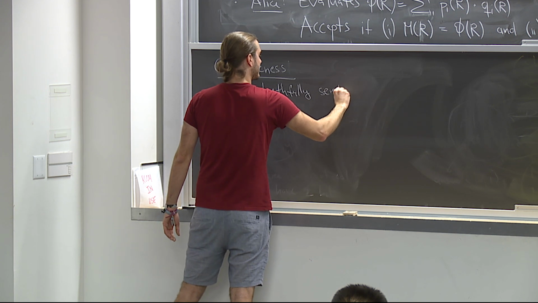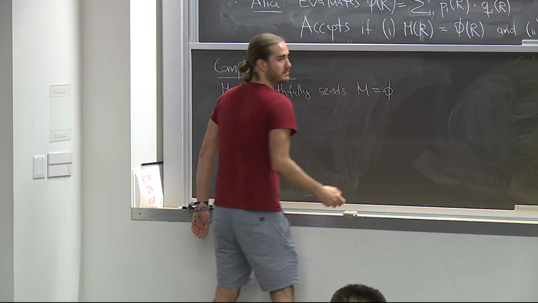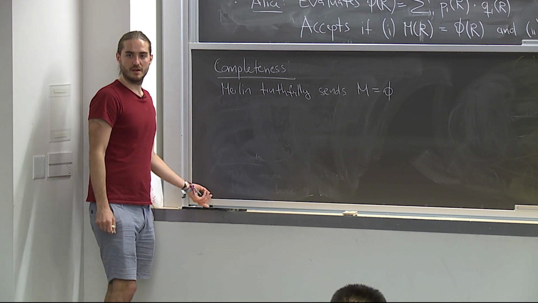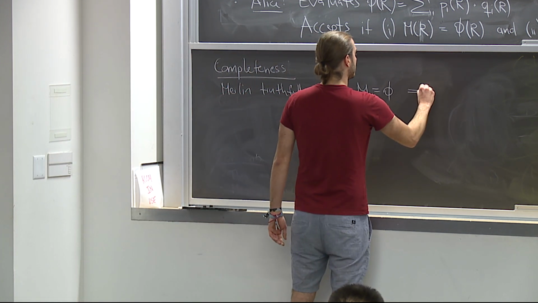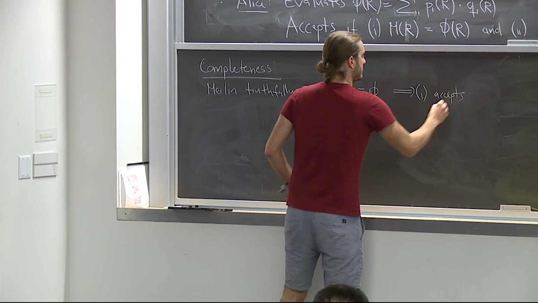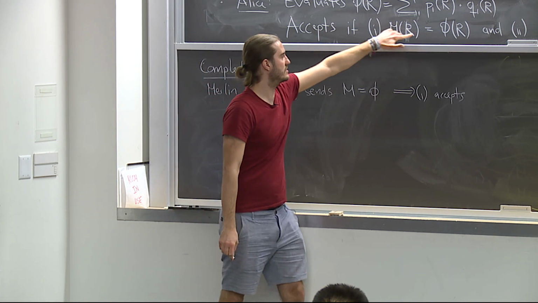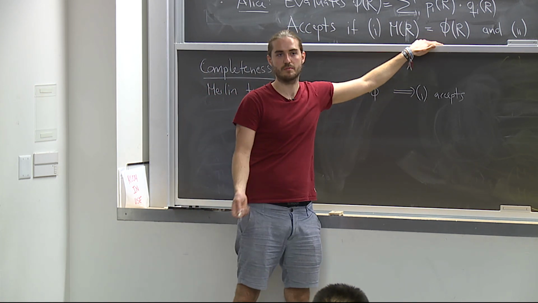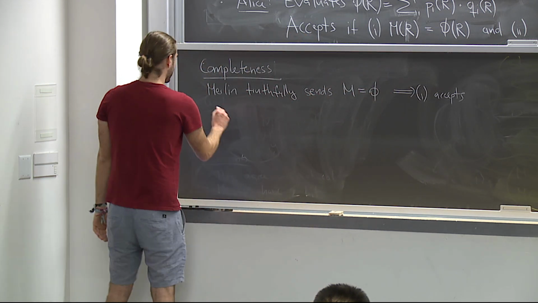Merlin sends the polynomial phi. Which clearly implies that the first check is not going to fail, because whatever he sent, these polynomials are equal on every point. In particular, they are equal on the random point. The first check will not fail.